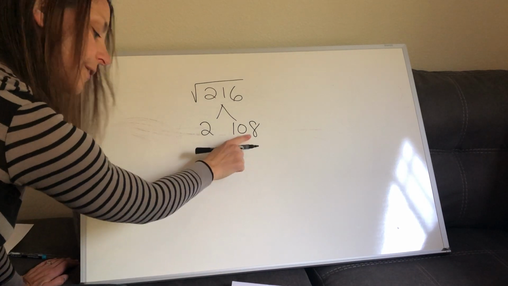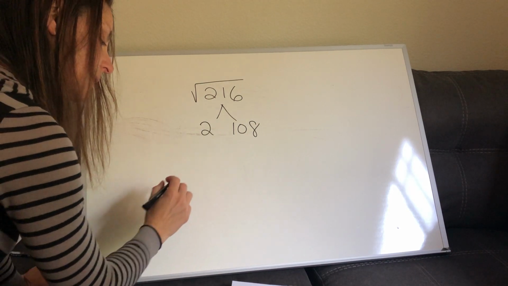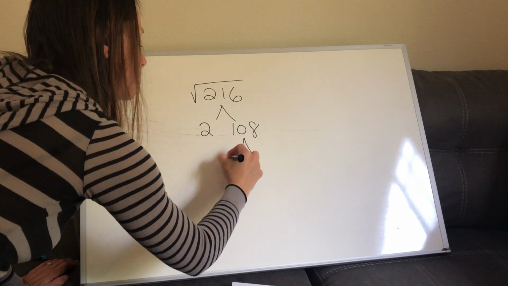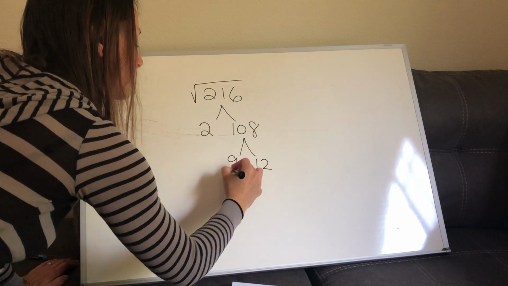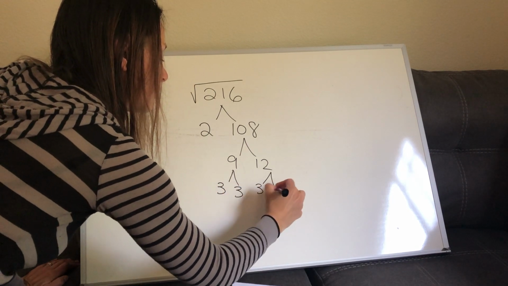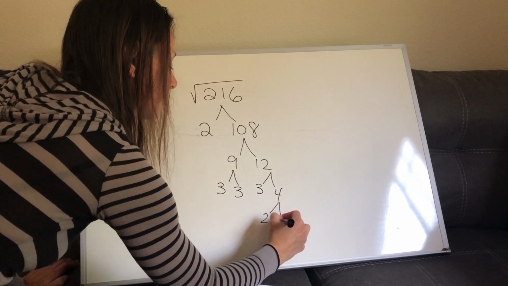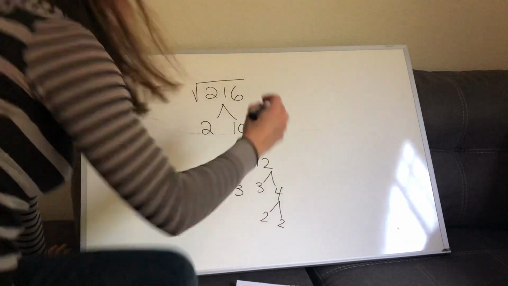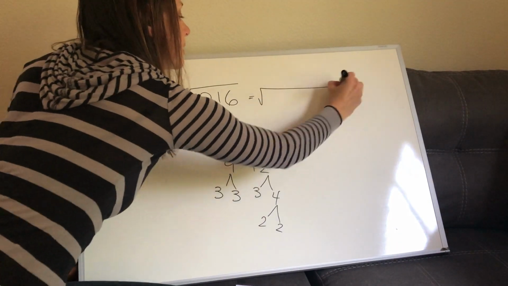Okay, that looks familiar. I think that's going to be 9 times 12. I'll break that down to 3 and 3. I can break that down to 3 and 4. And then I'm way down here, 2 times 2. So this one has a lot of prime factors. So let me make sure I get them all.